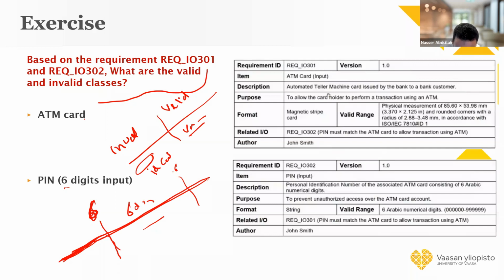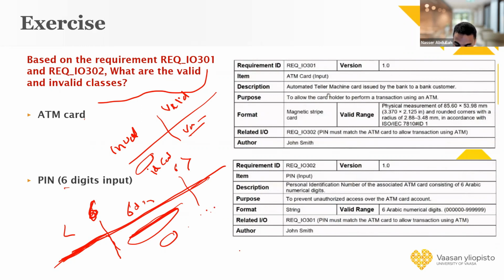And here, this is the 6-digit, and here we have less than 6, and here is greater than 6. It should be like this. Invalid is any digits, for example 5 digits, and then here it's more than 6 digits, and here the numbers between them. Later you can test with the partitions or with equivalent partitions, so both are accepted.